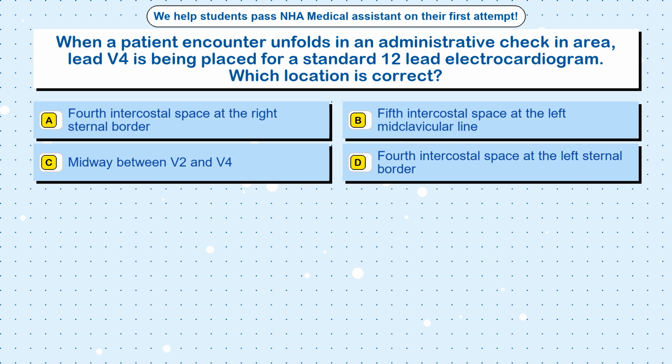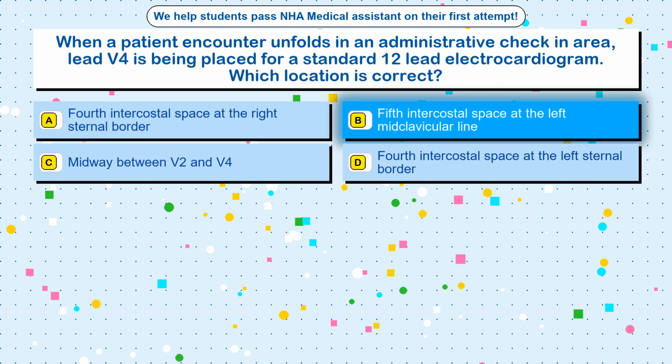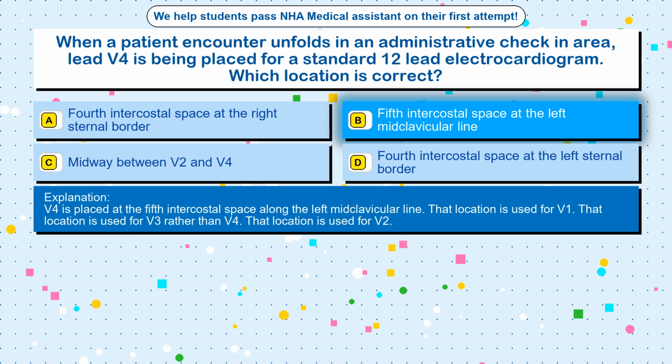Option D, 4th intercostal space at the left sternal border. The correct answer is option B, 5th intercostal space at the left midclavicular line. V4 is placed at the 5th intercostal space along the left midclavicular line. That location is used for V1. That location is used for V3 rather than V4. That location is used for V2.